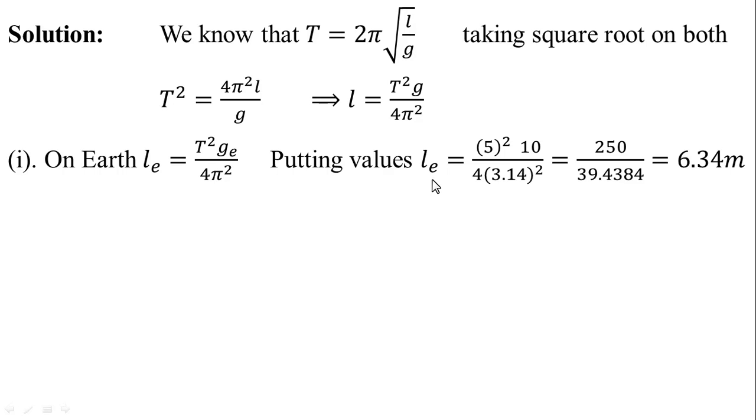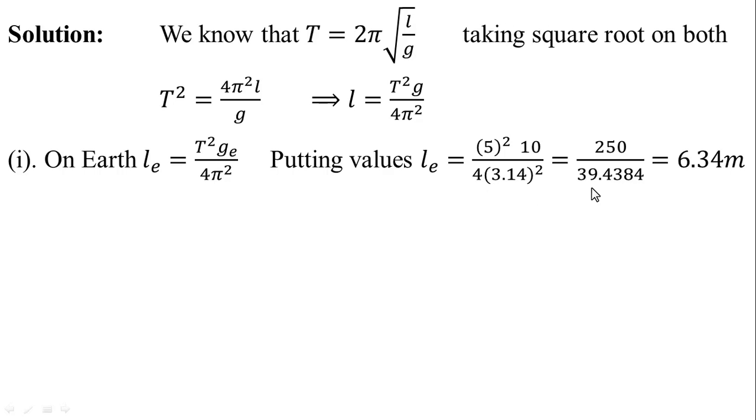Putting the values, LE is equal to 5 square multiplied by 10 divided by 4 into 3.14 whole square. 5 square is 25. 25 multiplied by 10 is equal to 250. Taking the square of 3.14, the square of 3.14 is 9.8596.